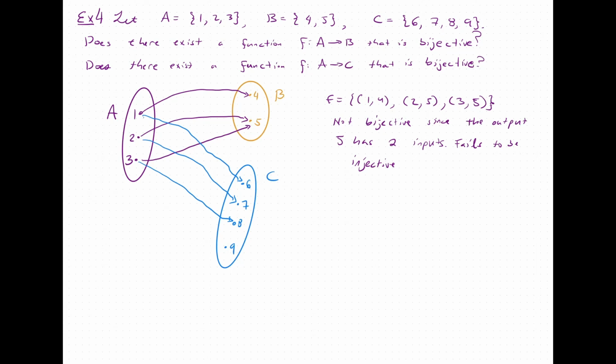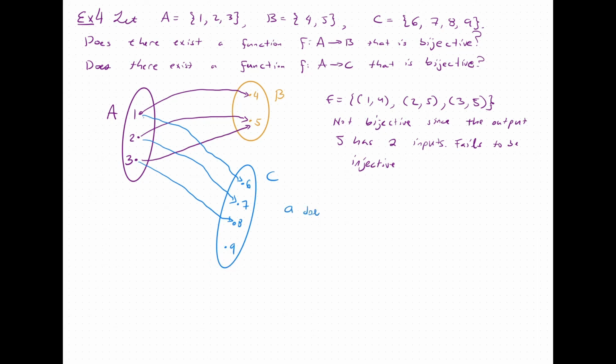And so now this function, if we let g be the function defined here, this is going to be an injective function. Every input has exactly one output. But now, for surjective, that is, onto, if we choose the element 9, there is no input in A mapping to 9. So this is not going to be surjective, therefore not bijective.